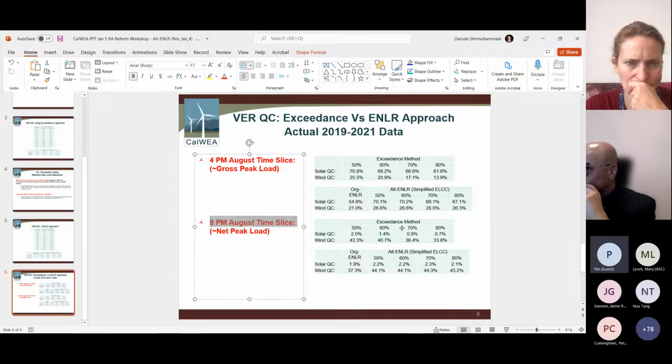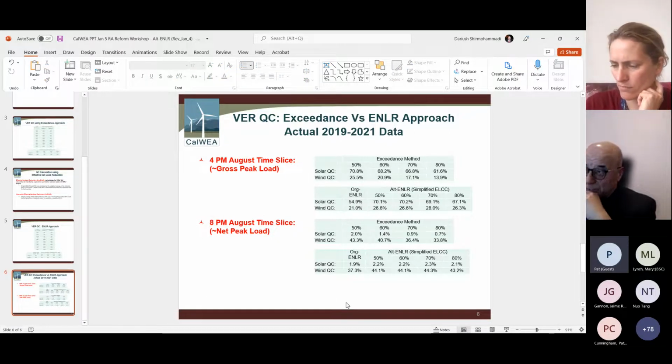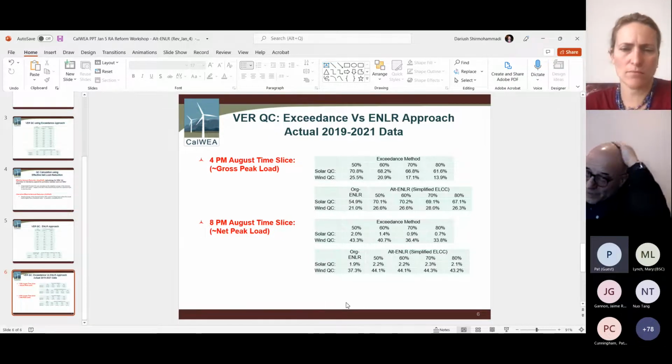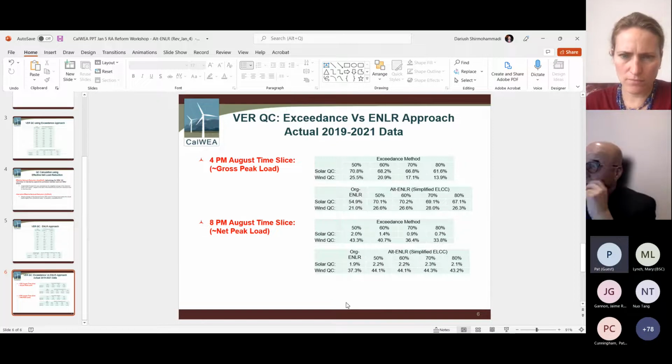These are the numbers I would pick for qualifying capacity of wind, and I would not discount them the way Vistra talks about. But this is as far as I can go without having more discussions with Vistra about why they do what they do.